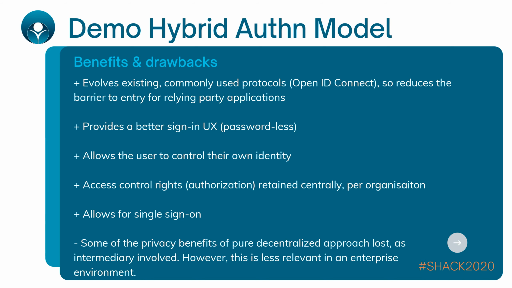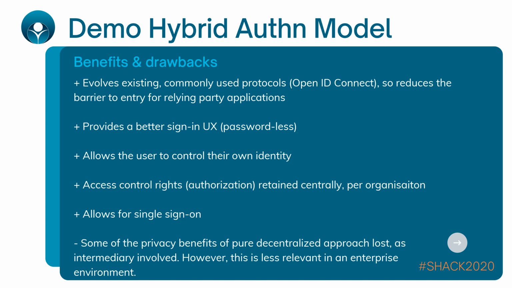In summary, to the hybrid authentication model demo, let's look at some benefits and drawbacks of this approach. This approach evolves existing commonly used protocols, OpenID Connect, so reduces the barrier to entry for relying party applications that already support this protocol. The hybrid model provides a better sign-in user experience than passwordless, so this benefit is carried forward.